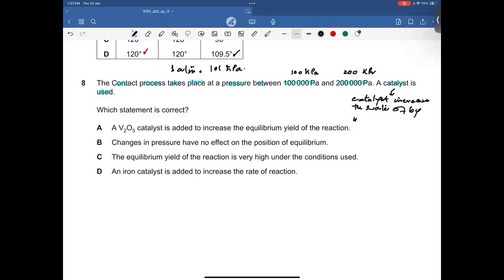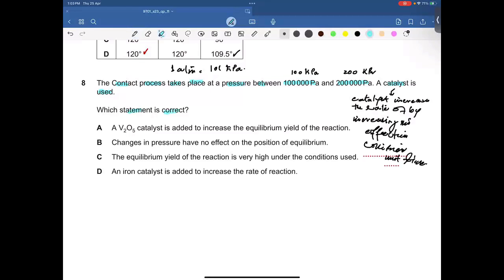By increasing the effective collisions in a unit time, or by increasing the collision frequency. You can say, which statement is correct?